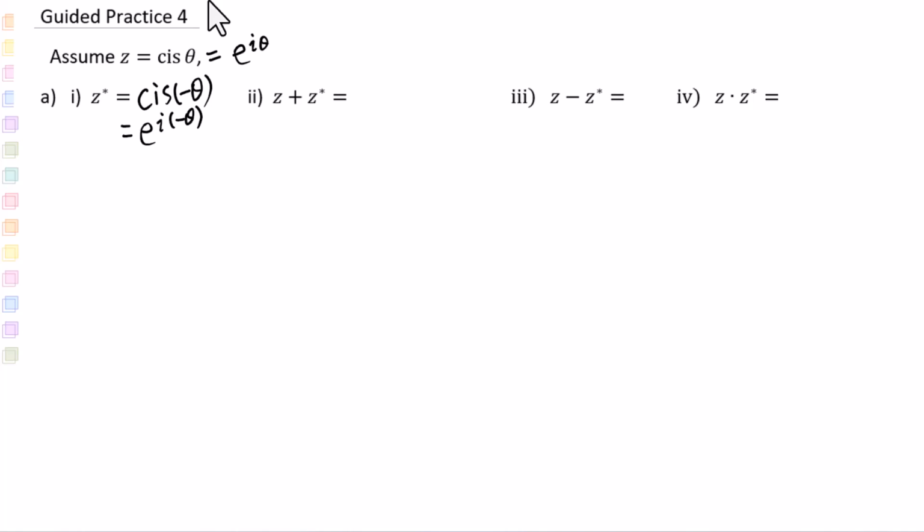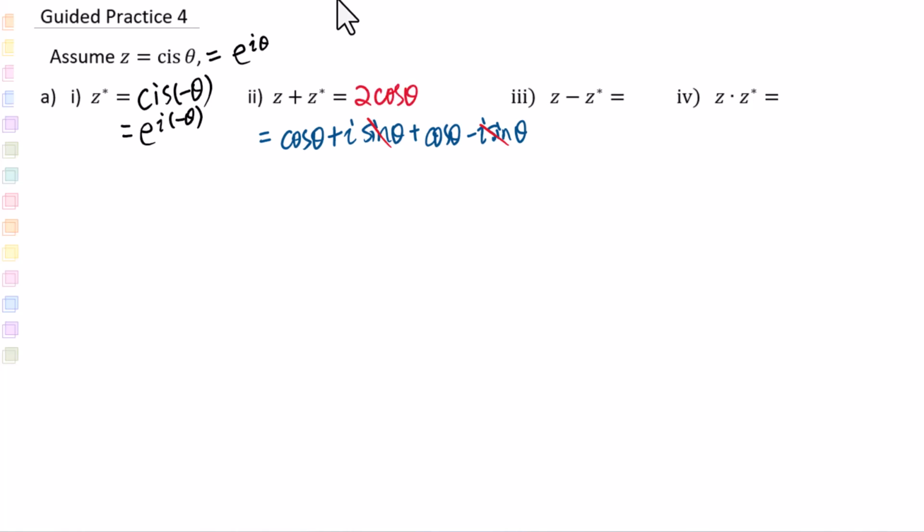So z plus z star equals cosine theta plus i sin theta, plus its conjugate, cosine theta minus i sin theta. Simplify. We get 2 cosine theta.